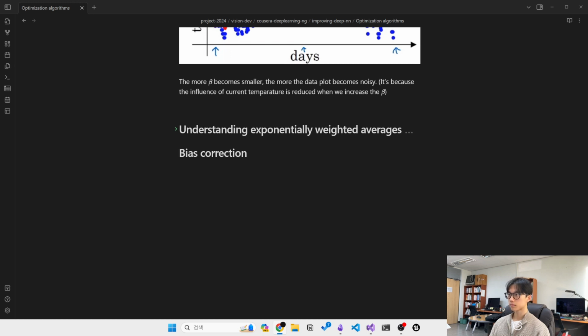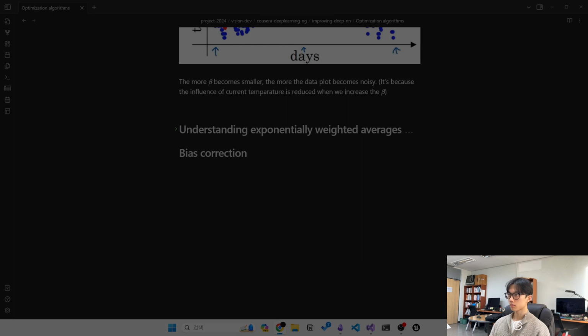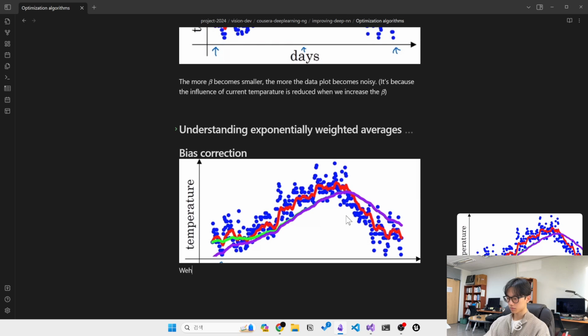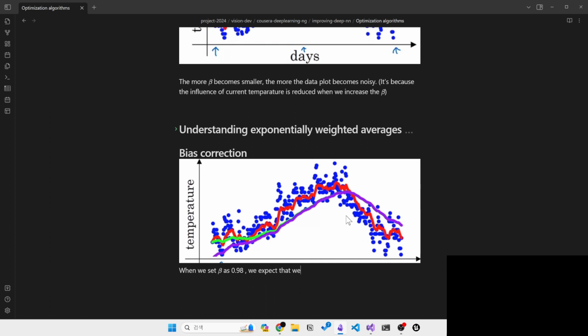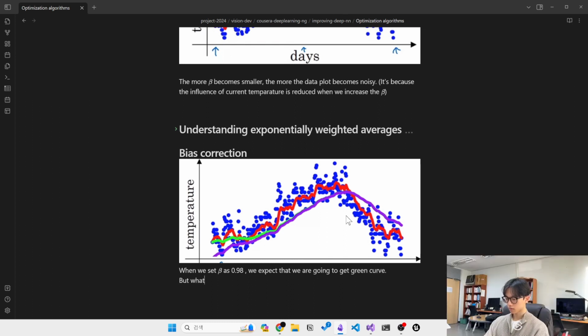When you're implementing a moving average, you initialize it with v0 equals 0, and then v1 is equal to 0.98 v0 plus 0.02 theta 1.